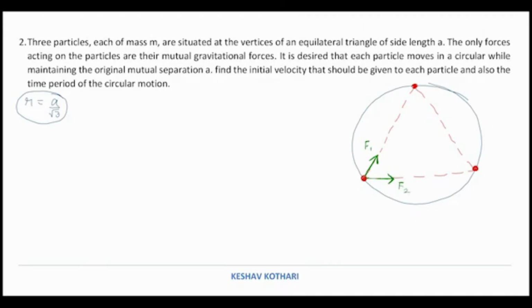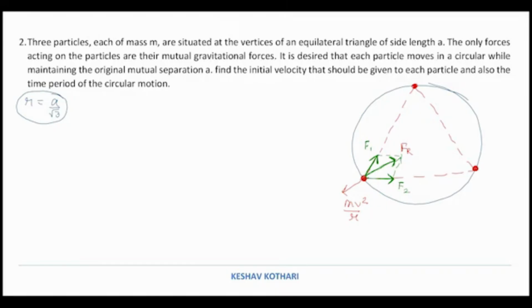The resultant of these two forces is directed towards the center of the circle, which is written as Fr, and it is balanced by the force mv square by r in the outward direction.